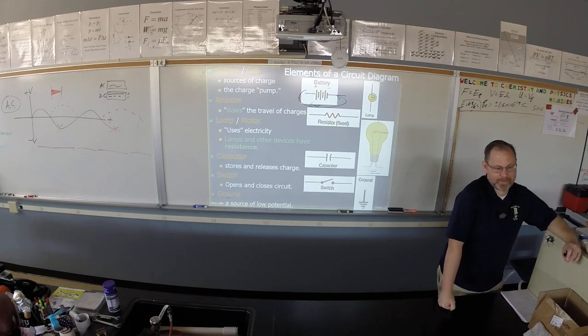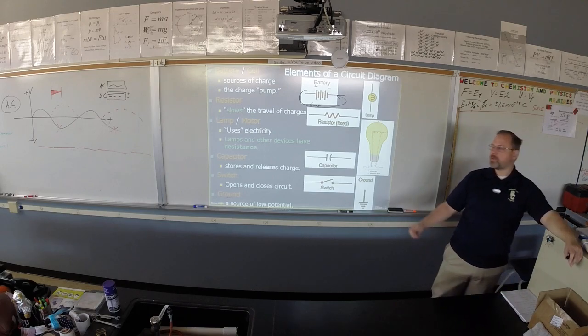Something that is ohmic obeys Ohm's law. Good. So ohmic means a device obeys Ohm's law. And when we say it obeys Ohm's law, what does that mean? It's the same resistance until it gets melted or something. Exactly.